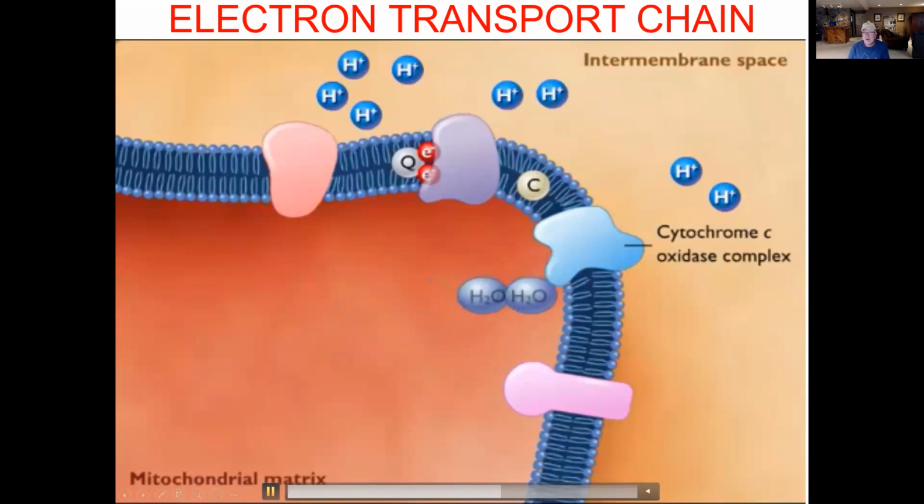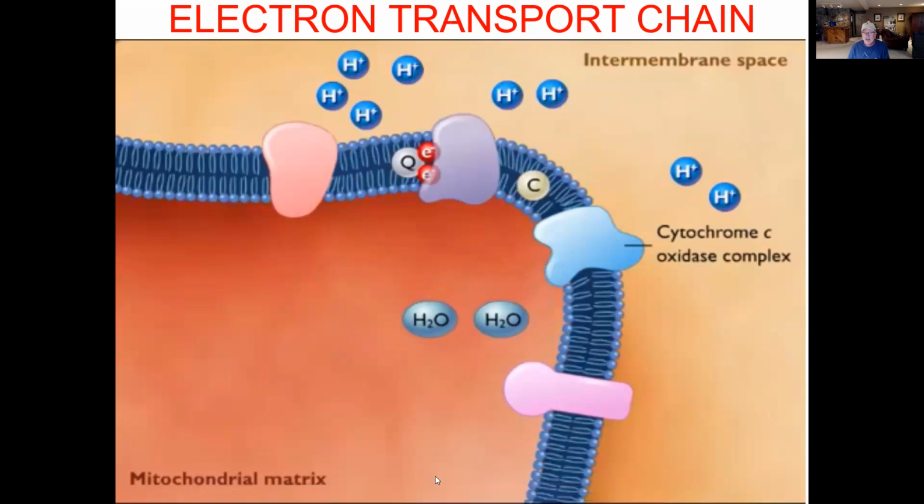That's important to understand because ultimately those electrons, I'll back up here on the video a bit, the electrons that were originally in the school buses will eventually combine with some oxygen and some additional hydrogen to make water. So water is actually a byproduct of aerobic respiration. You get water from drinking liquids, right?